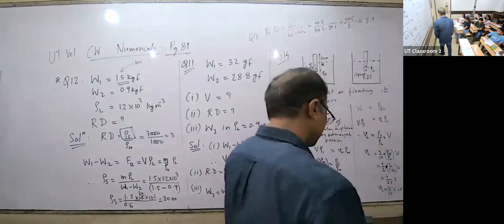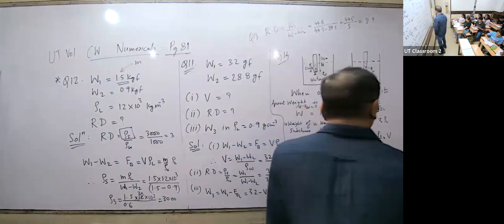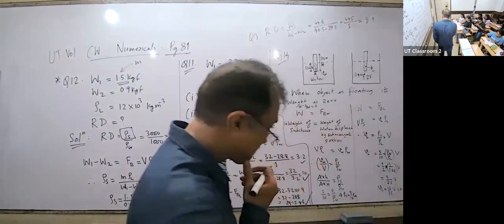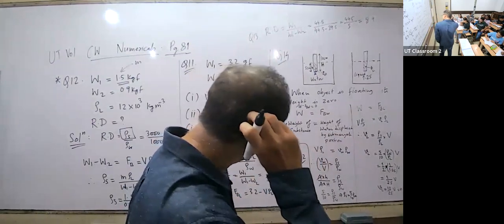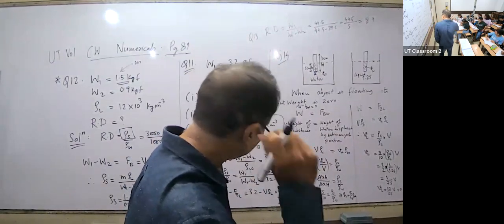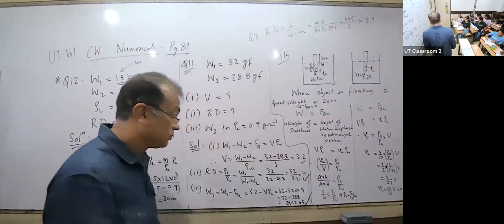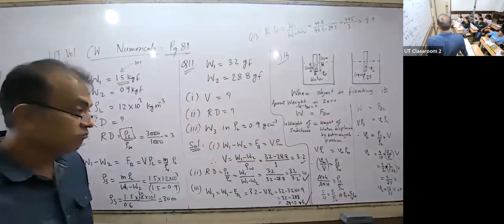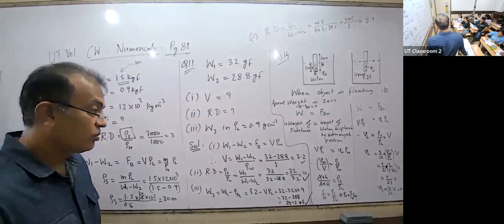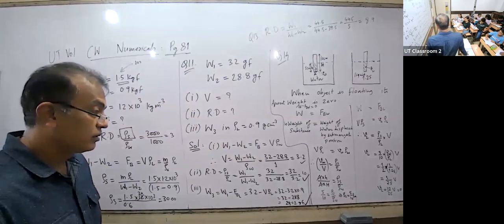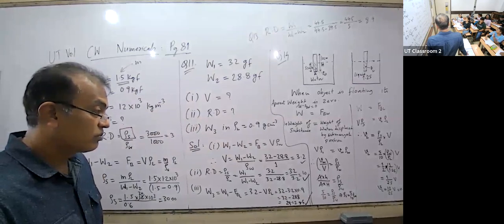ठीक है? So this means, so V corresponds to 10. So 1 corresponds to 1 by 10.